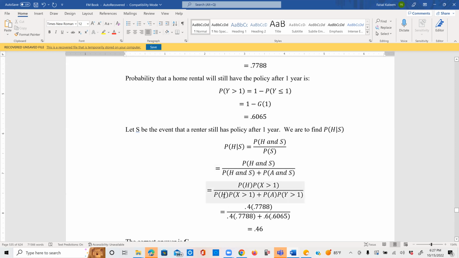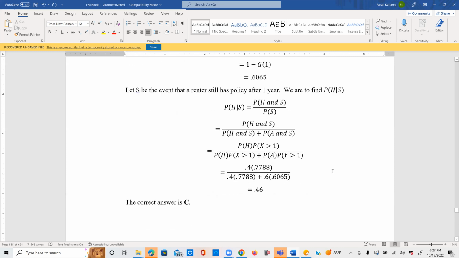So that will be the probability you're a home renter times the probability that you have the policy after 1 year given you are a home renter. So that probability is probability X greater than 1. Similarly, probability you're an apartment renter and you still have the policy after 1 year, so that'd be P of A times P of Y greater than 1. So remember, and changes into multiplication.